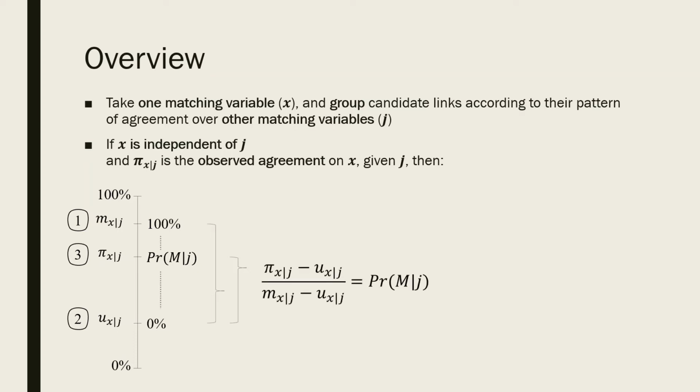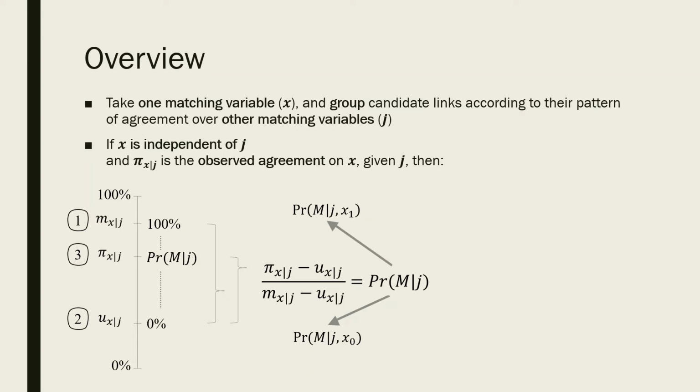Algebraically, that's just this proportion. That's just this difference between these two proportions divided by the total difference between the proportions that are the M and U value. So now what we have is an estimate of precision, ignoring one of our matching variables. But from this point, we can actually break that group up into the candidate links that agree on our independent matching variable and those that disagree on it.